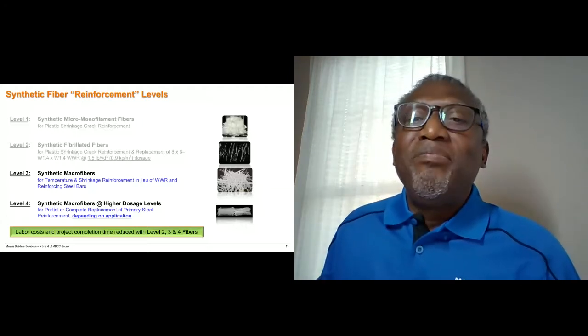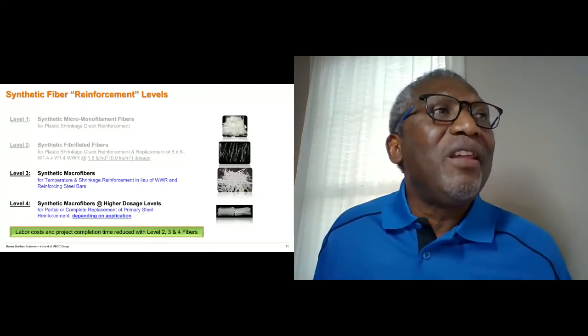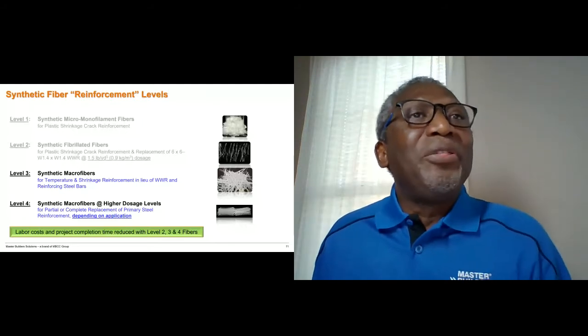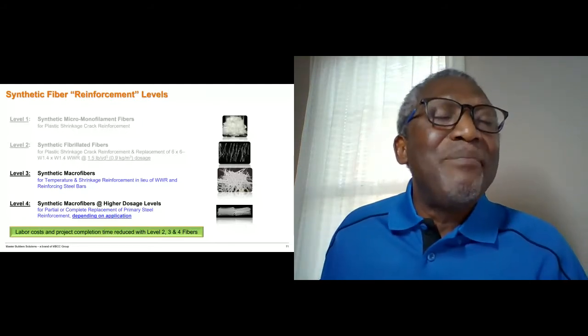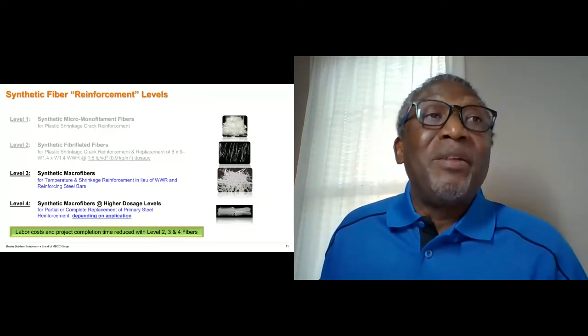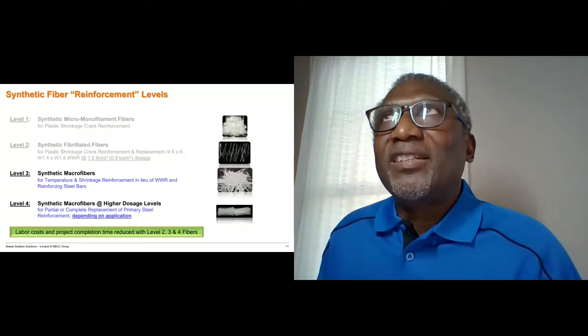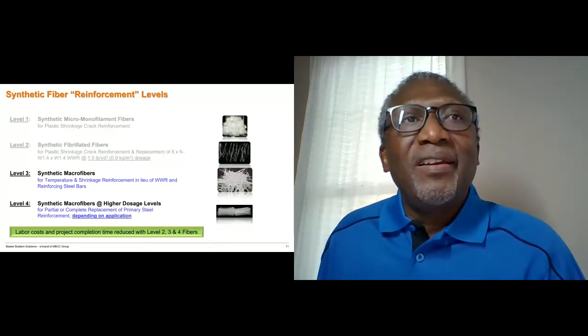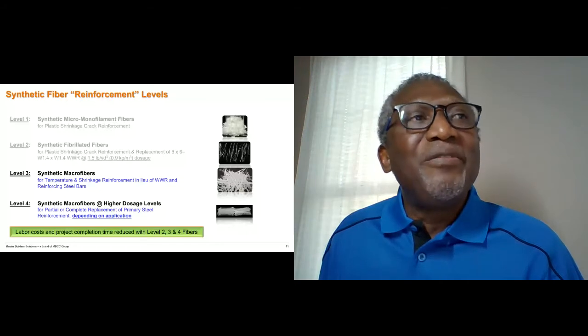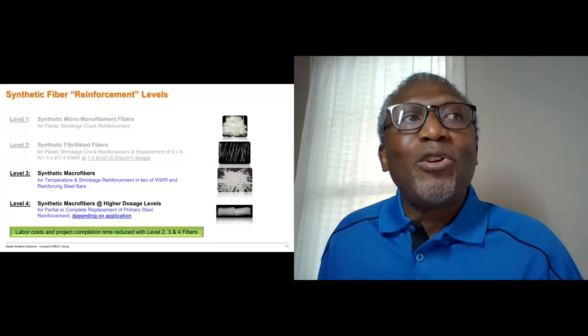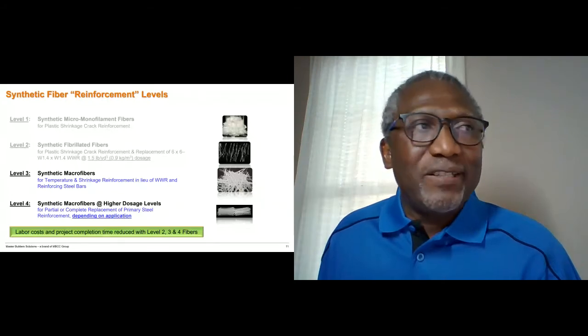Now, I break this down into two different levels. Level 3 will be those that can be used, which is pretty much all of them, to replace traditional temperature and shrinkage reinforcement. So instead of using welded wire reinforcement or reinforcing steel bars, these fibers can be used for temperature and shrinkage reinforcement purposes.